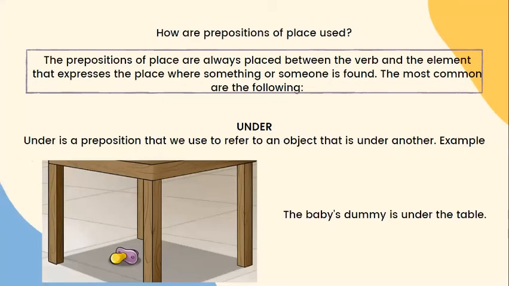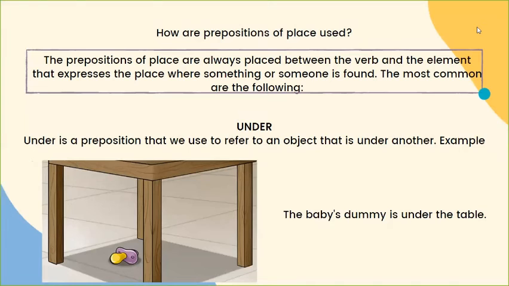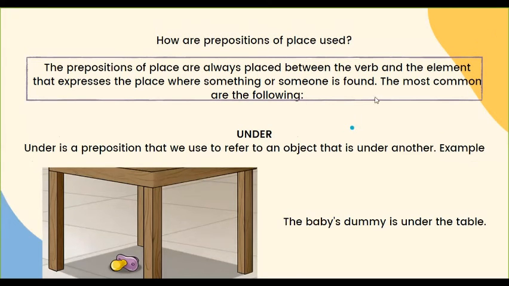The prepositions of place are always placed in between the verb and the element that expresses the place where something or someone is found. The most common are the following. Under is a preposition that we use to refer to an object that is under another. Example: the baby dummy is under the table.